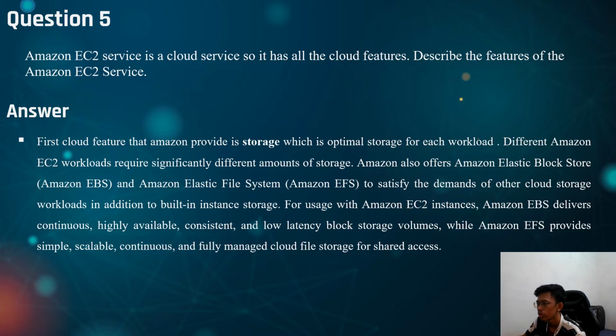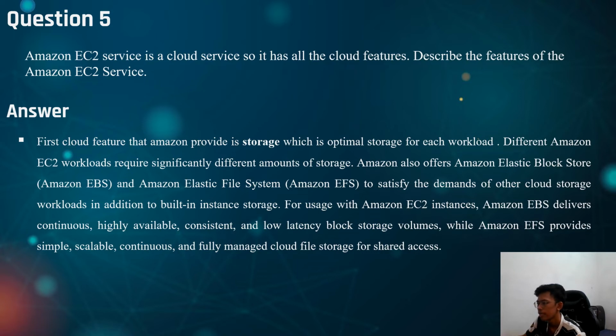Different Amazon EC2 workloads require significantly different amounts of storage. Amazon also offers Amazon Elastic Block Store, Amazon EBS, and Amazon Elastic File System, Amazon EFS, to satisfy the demands of other cloud storage workloads in addition to built-in instance storage.